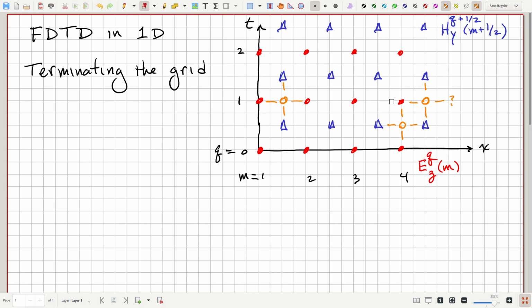Well, we have a similar situation over here. Suppose we want to go from this electric field point to that next one. We would need a central difference here. We have that in time, but we don't have it in space.